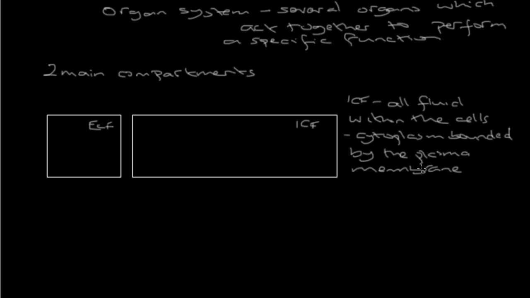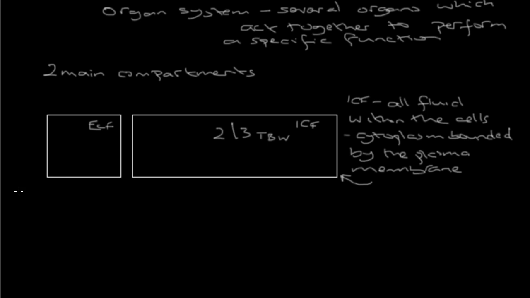So the membrane surrounding the cell contains the cytoplasm inside it, which itself constitutes the intracellular fluid. So you can see that this here represents the membrane, and this represents 2/3 of total body water. So it forms the largest part of the total body water.